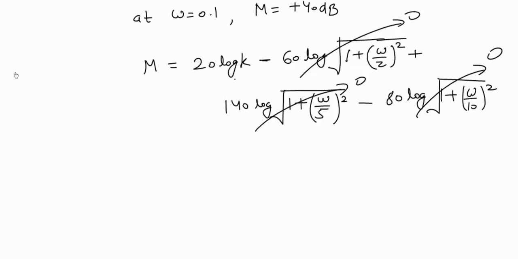Now at omega equal to 0.1 we are given that it is 40. We have neglected these magnitudes because we are considering omega equal to 0.1. Therefore 40 is equal to 20 log k, and k comes out to be 10 to the power 2, which is 100.